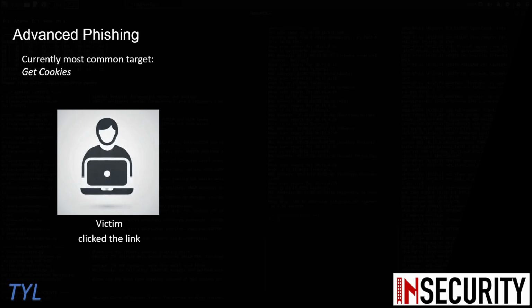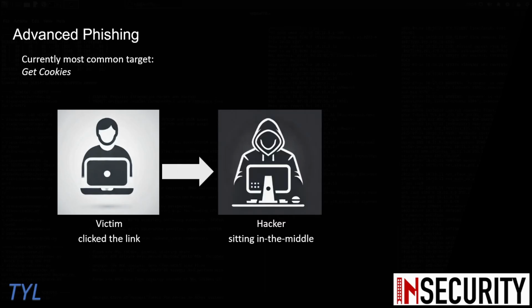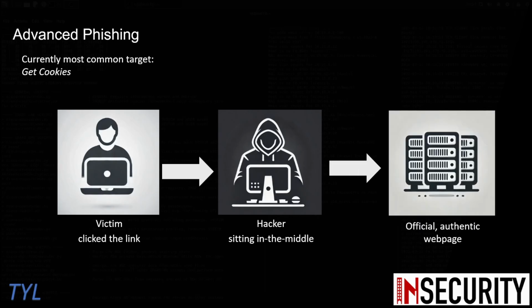So instead of the victim clicking the link and getting a copy of the web page, they are still looking at a server owned by the hacker, but the hacker is actually sitting in the middle between the victim and the official authentic web page, so the real Gmail, the real Google, the real Facebook, the real Outlook, the real Office 365.